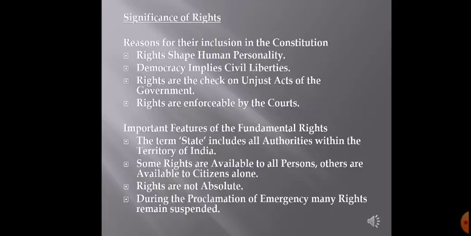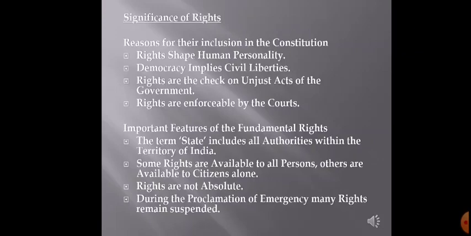Our third point describes that the rights protect individuals against state action as well as the action of private citizens. Some of the rights are enforceable against private citizens also. For instance, the Constitution abolishes untouchability.